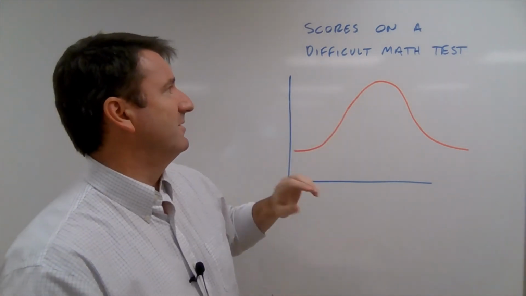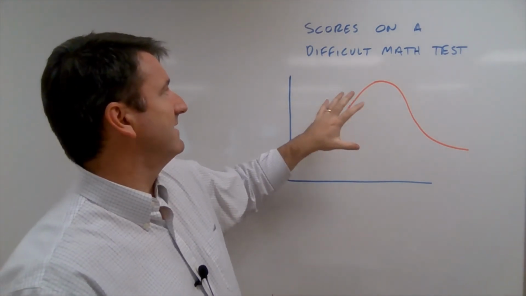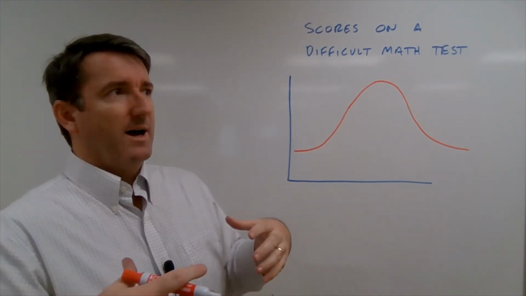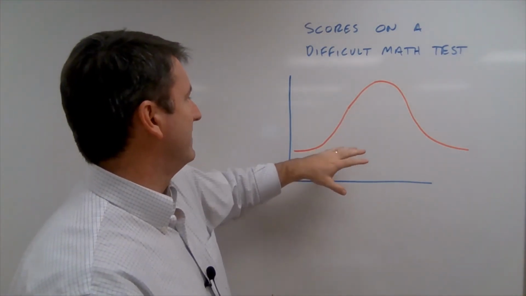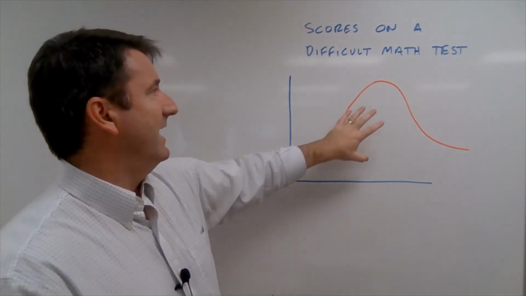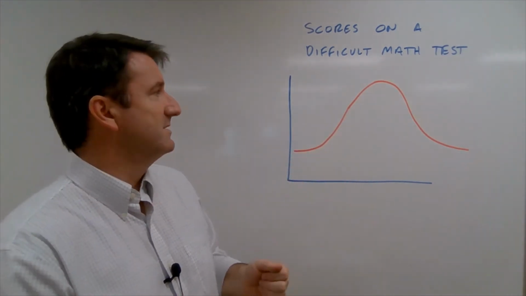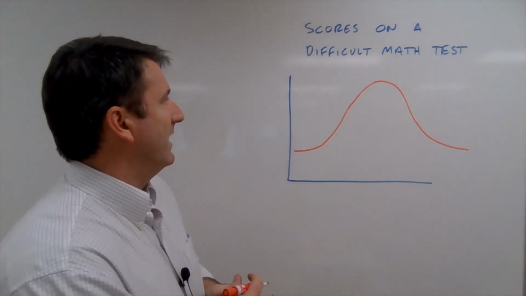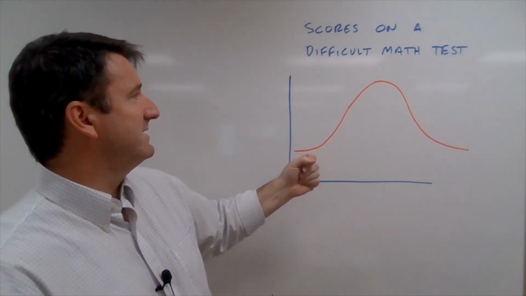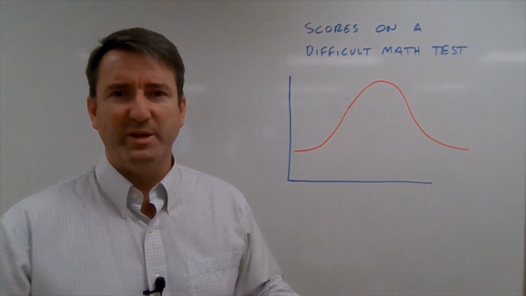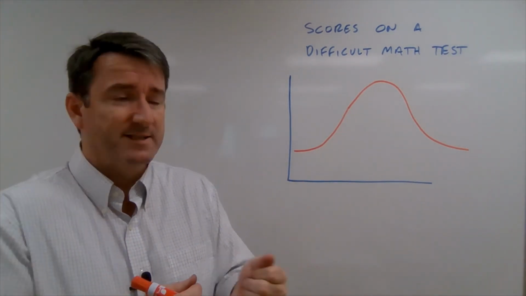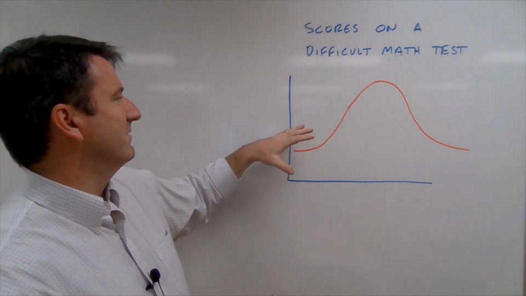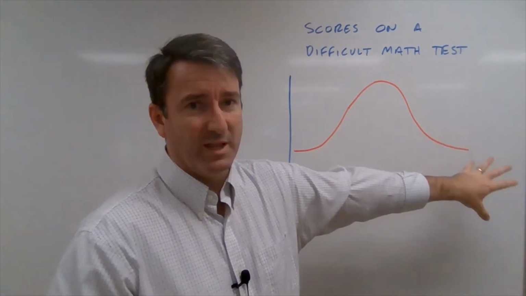And the reason that I said a difficult math test, when we're talking about the symmetry, I would expect the distribution of those scores to be relatively symmetric, with few A's and few F's, and more of the results clustered around this median of a C. So I would expect it to be symmetric, and I would expect the variance to be moderate, not really low to where everyone's getting a C, but not so high that we're expecting plenty of A's and plenty of F's.